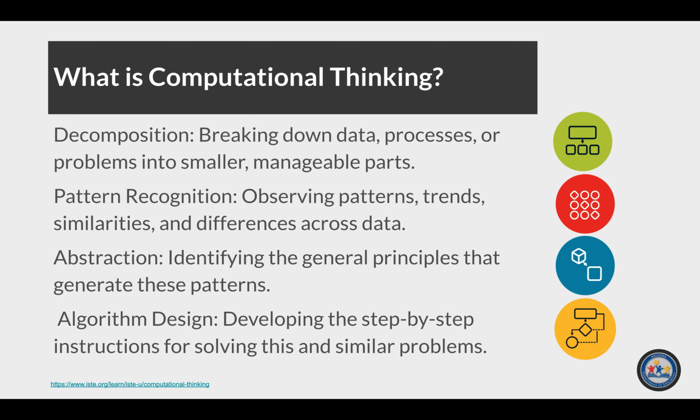What is computational thinking? Generally, computational thinking is the process of breaking down a problem into simple steps that a computer could understand. It is the thought processes involved in expressing solutions as computational steps or algorithms to complete a task.